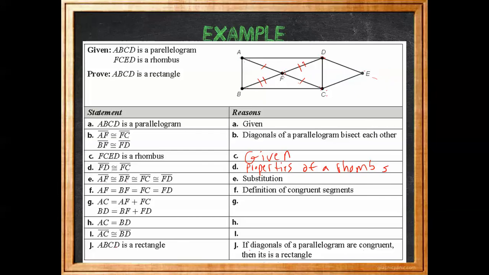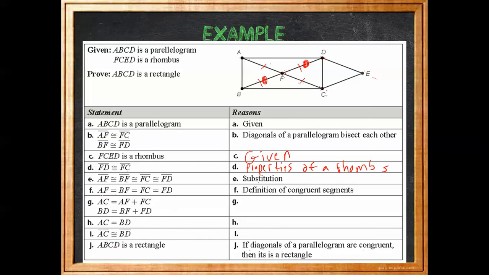Because we've already now proven that these, right, are congruent to each other, okay, because of substitution. So now we can say that they're equal to each other. And we're talking about these little small segments, right? In order to prove the rectangle, we got to prove the big segment, okay? So since we proved the little small ones are congruent to each other, okay? That's the definition of congruent segments.